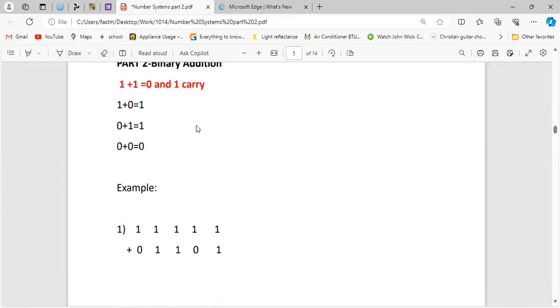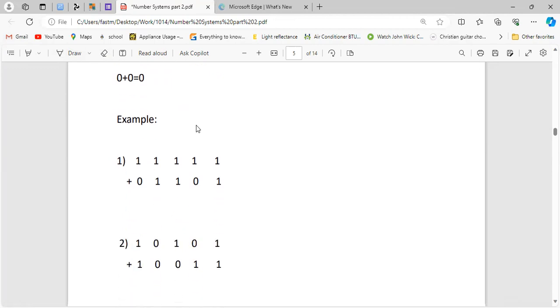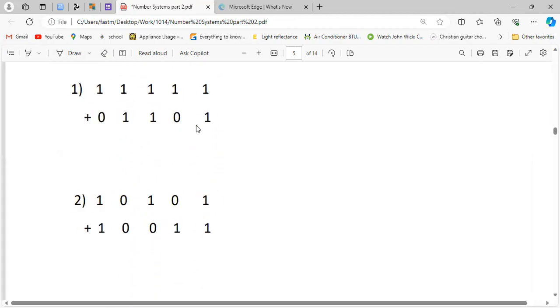So adding binary, we know 1 plus 1 is a 0 in the column and you carry the 1 across. Yeah, 1 plus 0 is 1, 0 plus 1 is 1, 0 plus 0 is 0. Okay, let's show you the examples. So the first one here, 1 plus 1 is 0 and you have a carry.